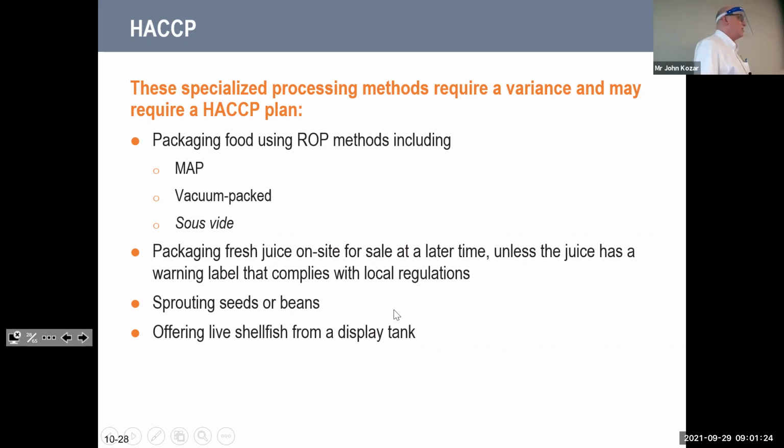And that plan has to be read and approved by the local health department. And then when they come in and do inspections, you have to be able to show them your reports: all of your monitoring methods, all of your corrective action, the invoices for that product, so that they can verify that you're really following your HACCP plan.